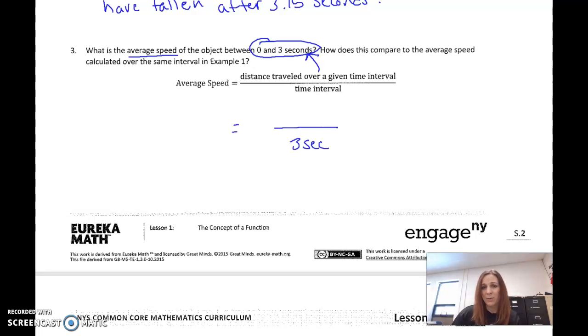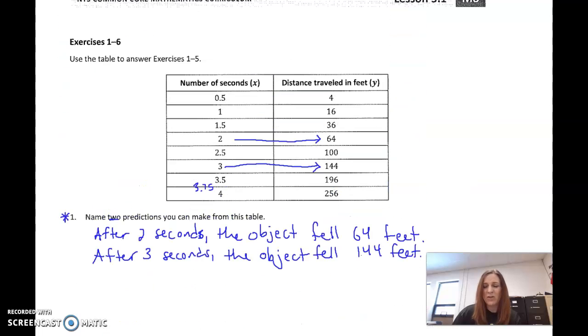Going back up to our table, there's no 0 on here, so let's think about this. In 0 seconds, how far has the object fallen? 0 feet, right? It hasn't done anything yet, so we're still at 0, 0.